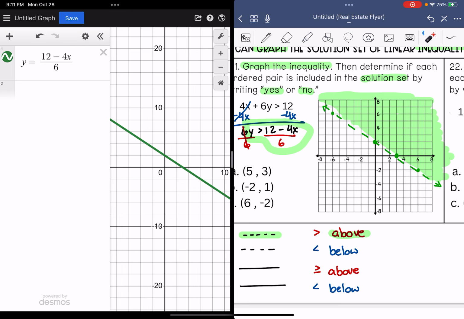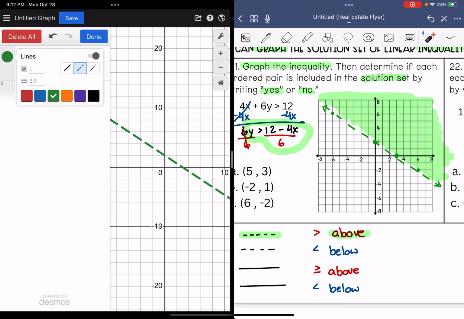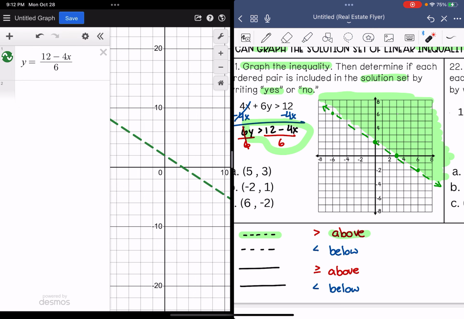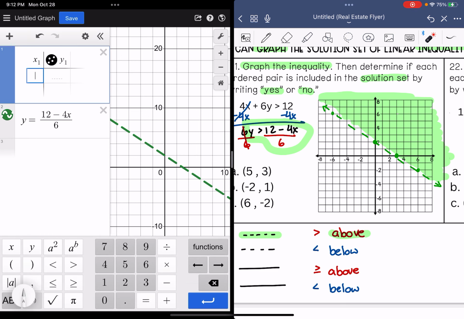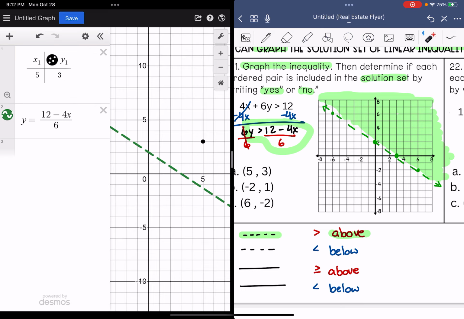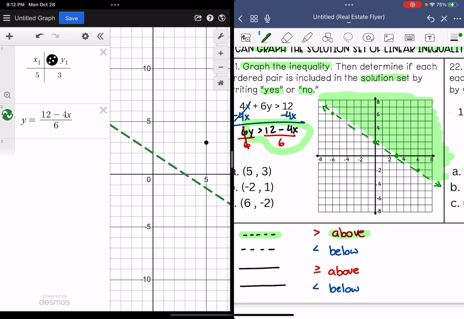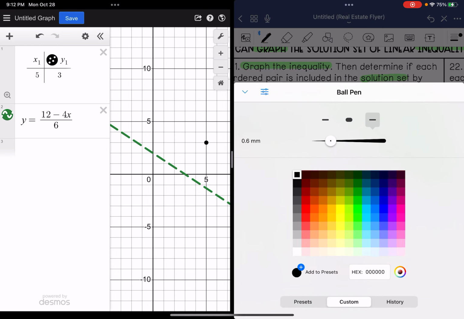So in Desmos, I'm clicking these settings up in the top left, and I'm changing this line to be a dashed line so that I can see it better. I can plot points by adding a table, and I can just put these points in. There's point A, right there. And it shows me exactly where that point goes.